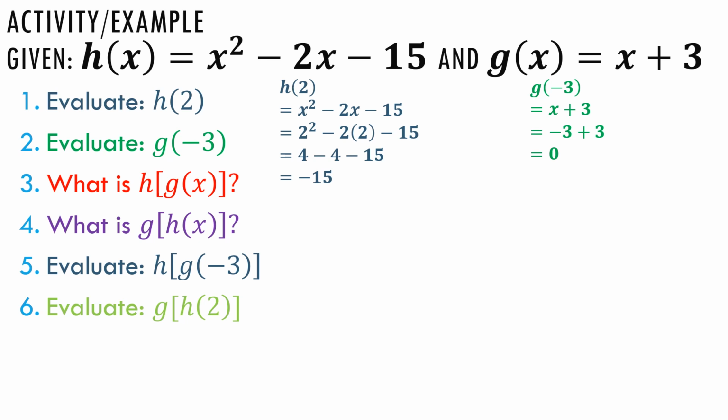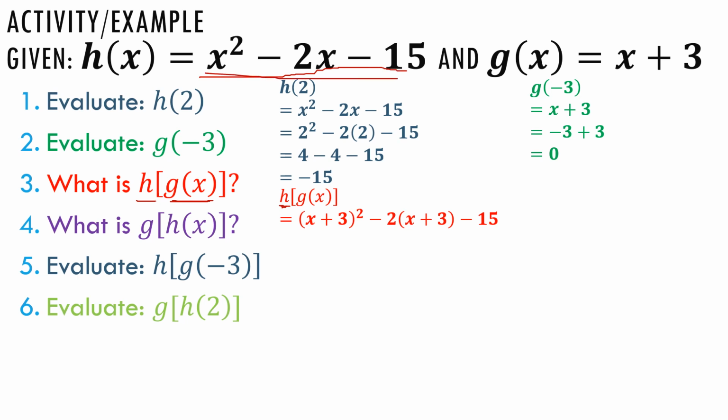Paano siya isolve? So, ang gagawin, like for example sa number 3, yung g of x ay siyang magiging x ng h. Let me show you. So, we have h of g of x. We are going to copy, since h yung nasa outer, we are going to copy ito, yung buong function ng h.